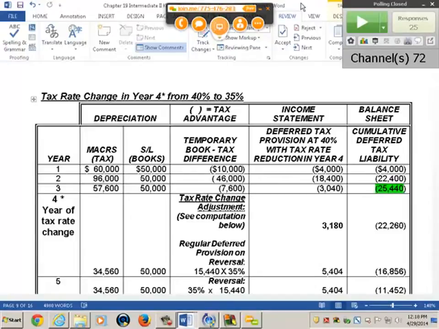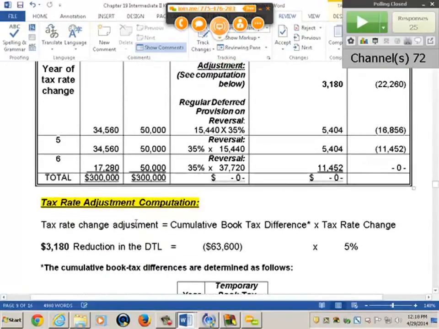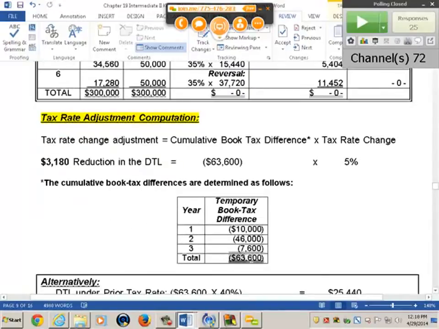So what you need to do is take the cumulative book tax differences. So if you look at these book tax differences, the cumulative amount, and we go down, the cumulative book tax difference is 63.6.